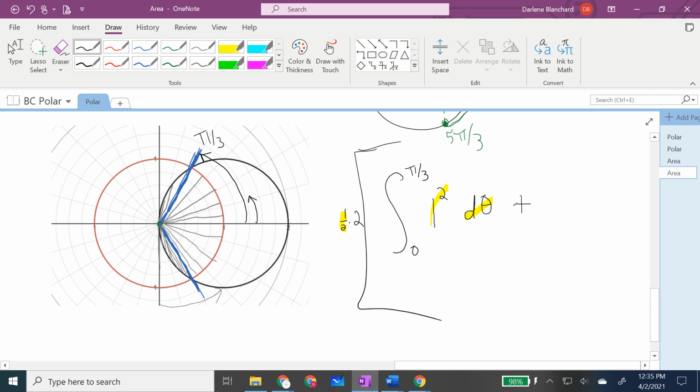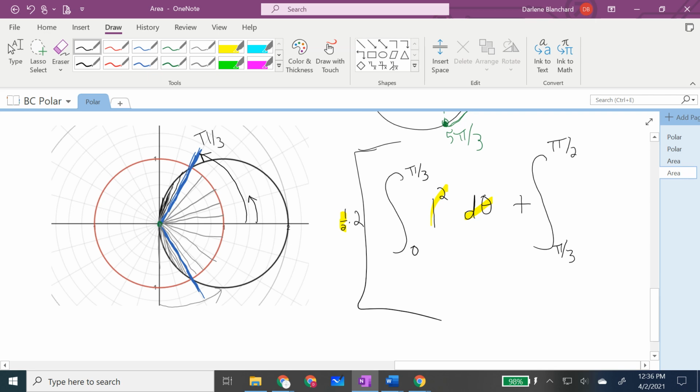I am then adding onto that area. When I start my integral back up at pi over 3, I change the function I'm following. And these two cannot be combined like we could combine them with the inside-outside.